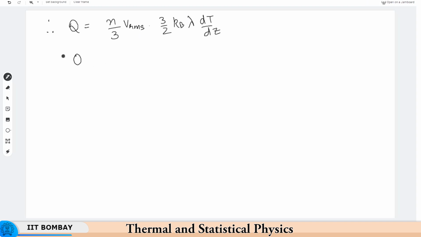And since k, the thermal conductivity, is Q divided by the magnitude of the temperature gradient, this simply becomes, so this 3 cancels out, n by 2 V RMS times kB times lambda. Okay.